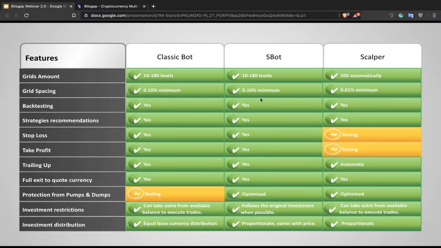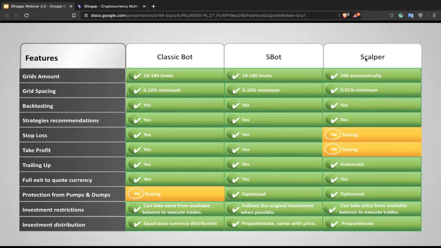So here's the composition, what our bots are composed of. You see that grid amount varies from 10 to 108 levels, but in case of scalper it's 200 automatically. Grid spacing in scalper is minimum, actually 0.1%.